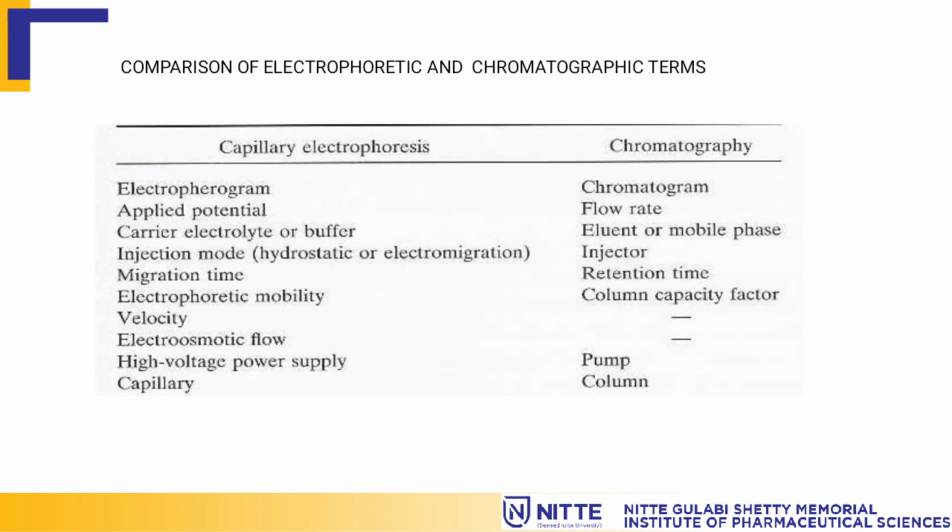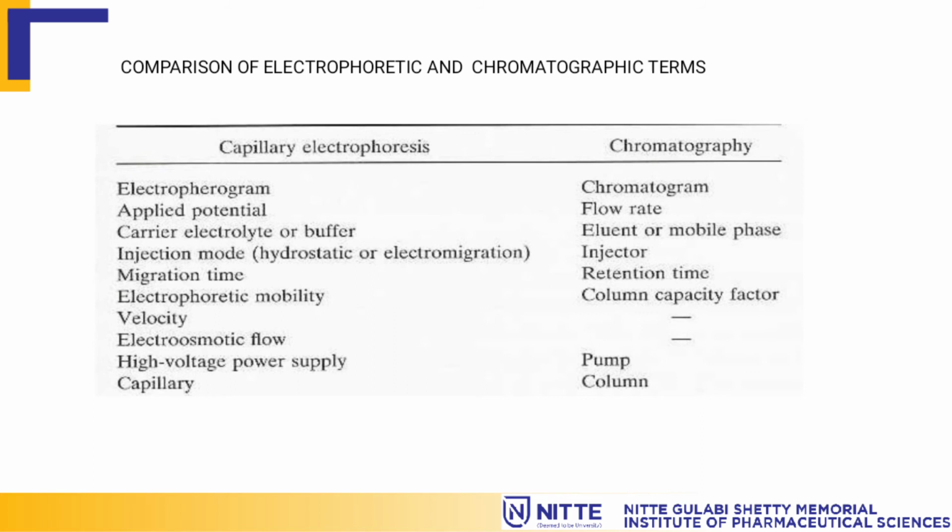In electrophoresis you need a current, it is under the influence of a potential difference, whereas that is not there in chromatography. The separation there happens with the help of a mobile phase, whereas here it happens with the help of an applied potential difference and the buffer. There it is called retention time; here it is migration time.